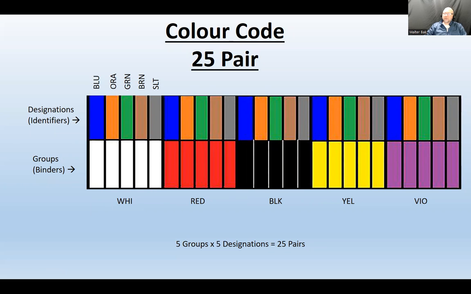Of course, because it's the first four pairs of that whole color code scheme, those pairs are complemented with the white group color. So it would be blue white, orange white, green white, and brown white. Now, the fifth one is the slate, and slate stands for gray. Here's my logic on that.